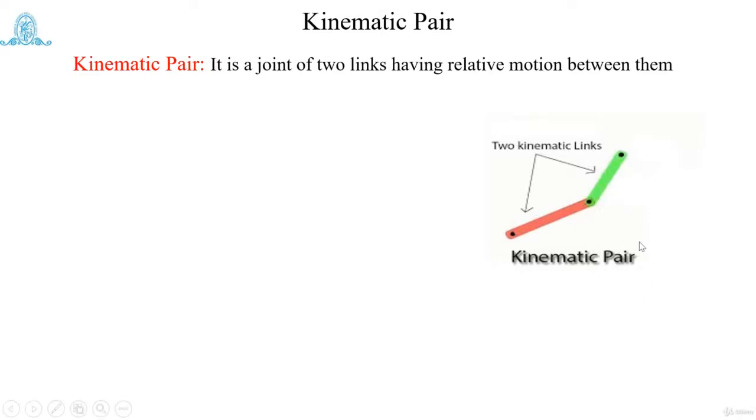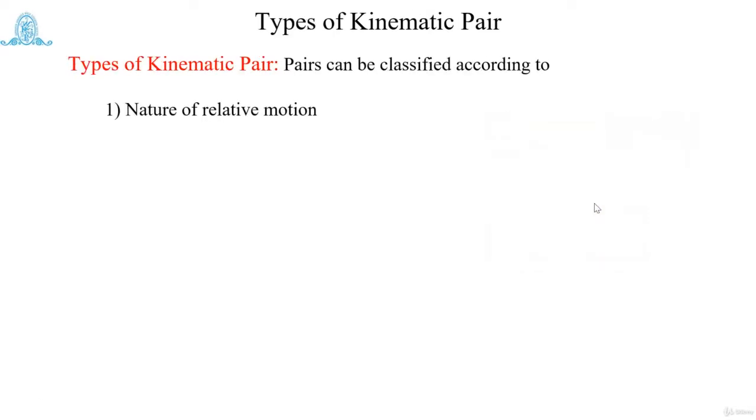Pair means two or more. When we say kinematic pair, the kinematic links are joined together in the sense that they should have a relative motion. Then they will act as a kinematic pair.